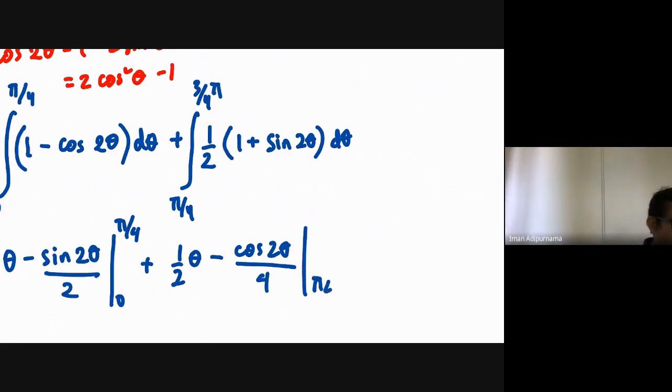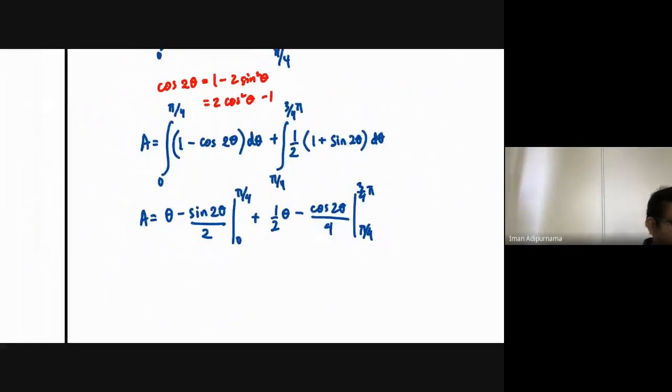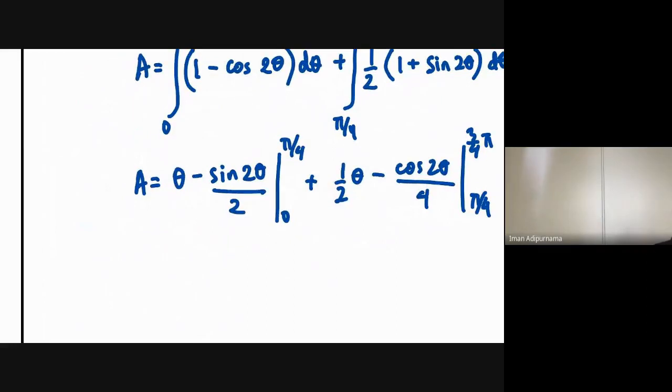And then plug in pi over 4 and 3 over 4 pi. And you can check the answer. And the answer will be half pi minus 1.